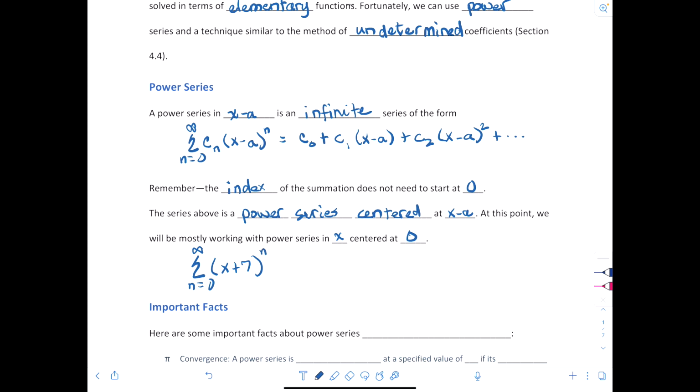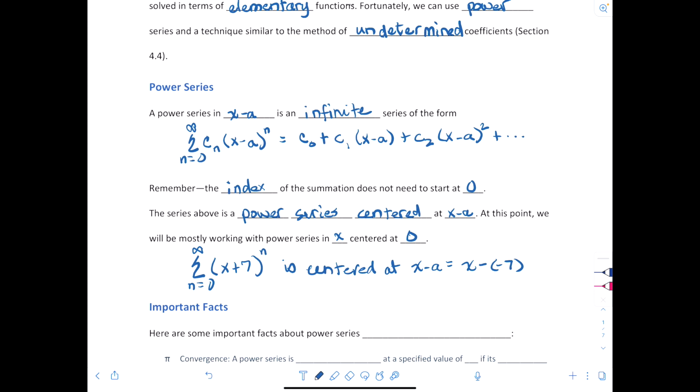So here, this series is centered at -7 because, remember, it's in the form x minus a. So in this case, to get that minus there, you'd have to break it up into x minus -7. And that's why it's centered at -7. Cool.